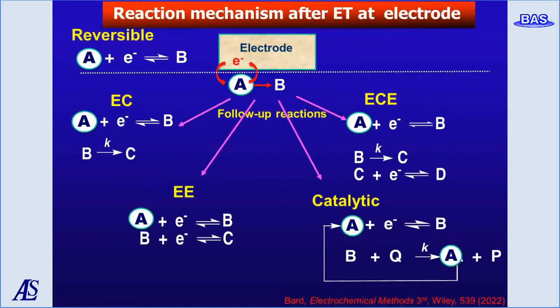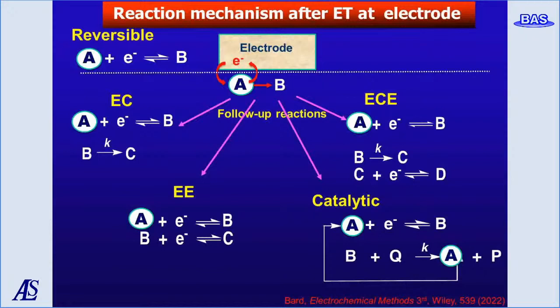In a special type of EC mechanism, the species Q, which is electroinactive, reacts with the electroproduct B to regenerate the starting A. As a result, the species Q is converted to P by electron mediation of the AB couple. This is called the catalytic mechanism.